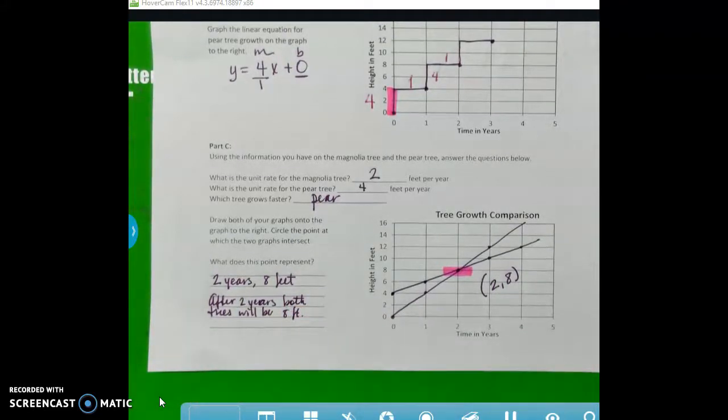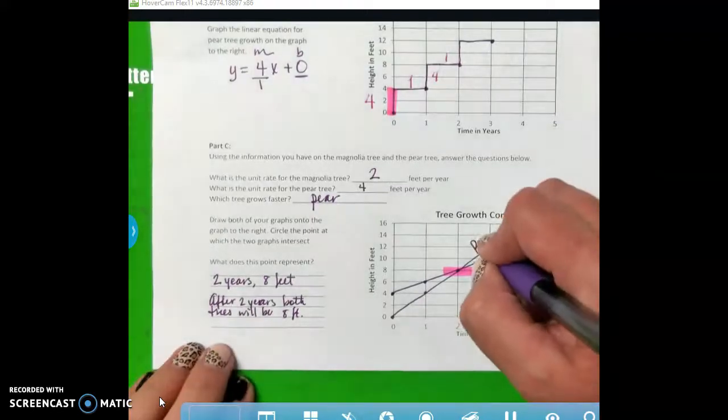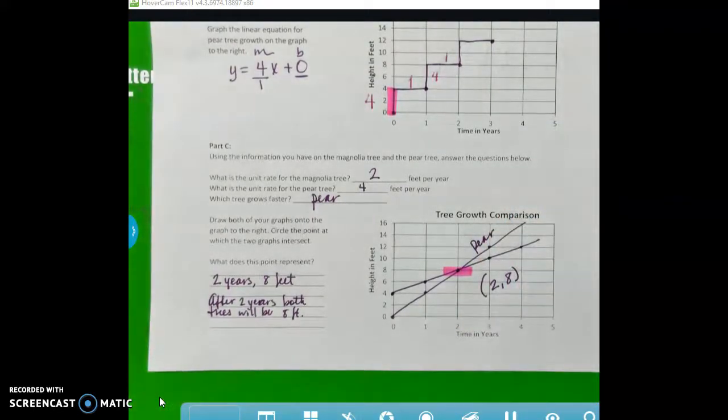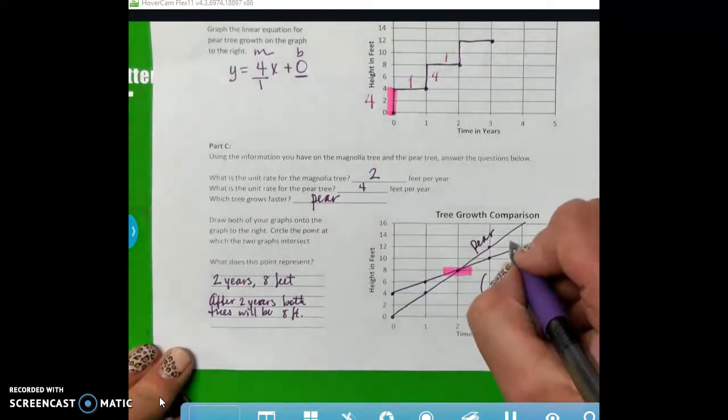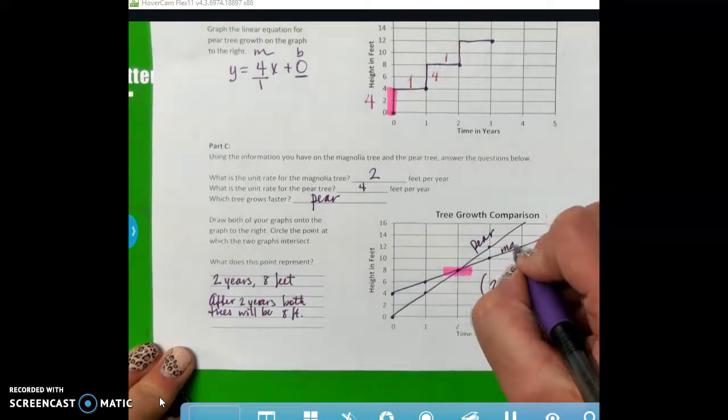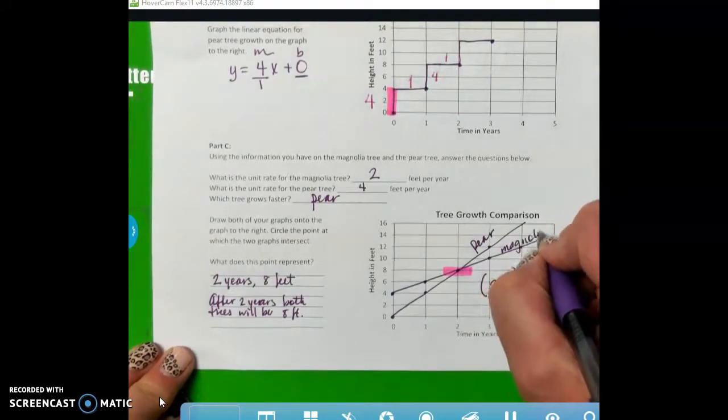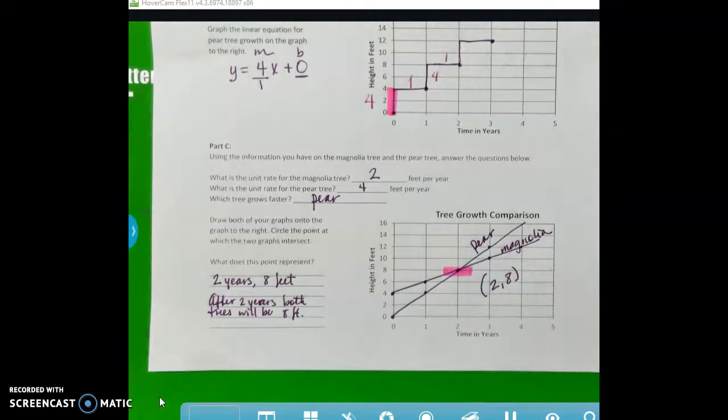And then from then on, your pear tree will keep growing faster because it has a steeper slope. This is our magnolia tree. So the point of intersection is all about common values for both of them, when the values are the same.